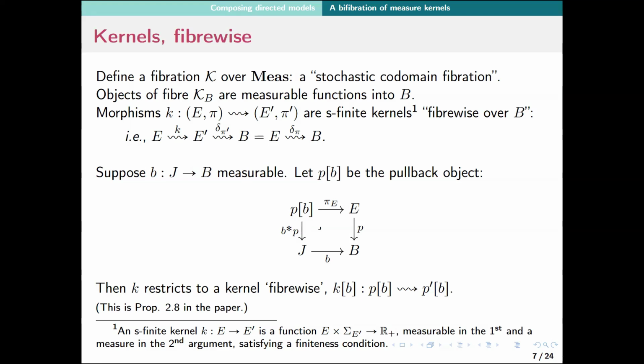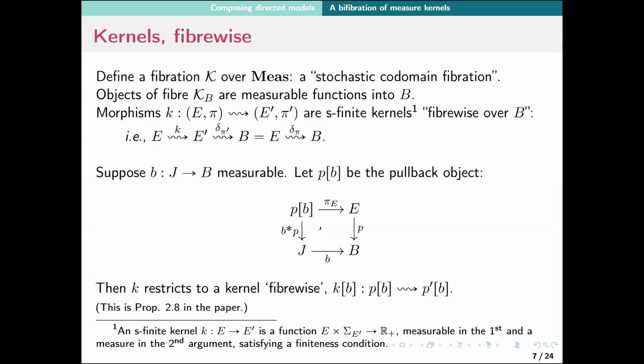And then the morphisms between them are going to be kernels, fiber-wise, so they preserve this base point. That means they satisfy this equation, which, if you write it out, is like a triangle. It's exactly the equation that you satisfy in your slice category. But the difference is that we have this randomness in your morphism. And the key thing that allows you to compose these measurable functions with these kernels is that every measurable function induces a deterministic kernel, and you compose them by something called push forward.